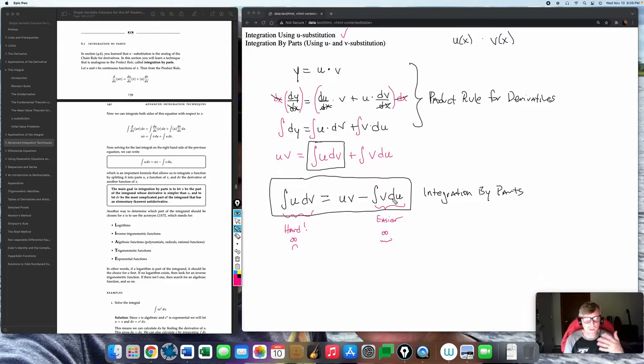So it depends on how good you are at U-Substitution. This may not be an easy integral, but it is easier than the one that you started with. Okay? So integration by parts is not for the faint of heart. This is difficult, especially at first. So hang in there as I show you an example.